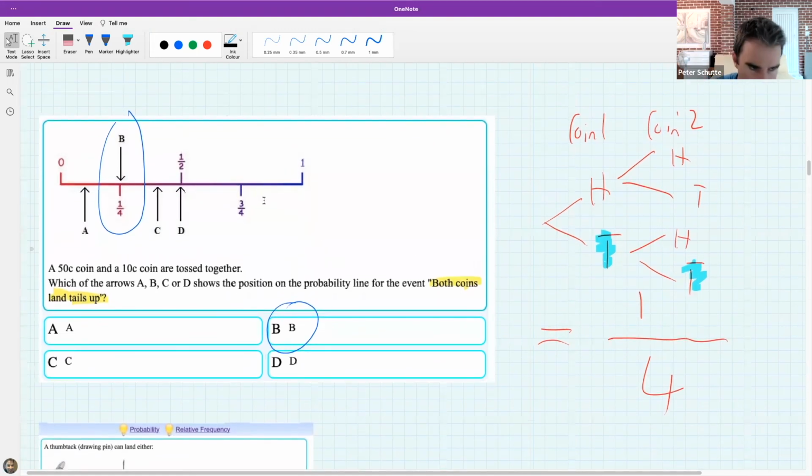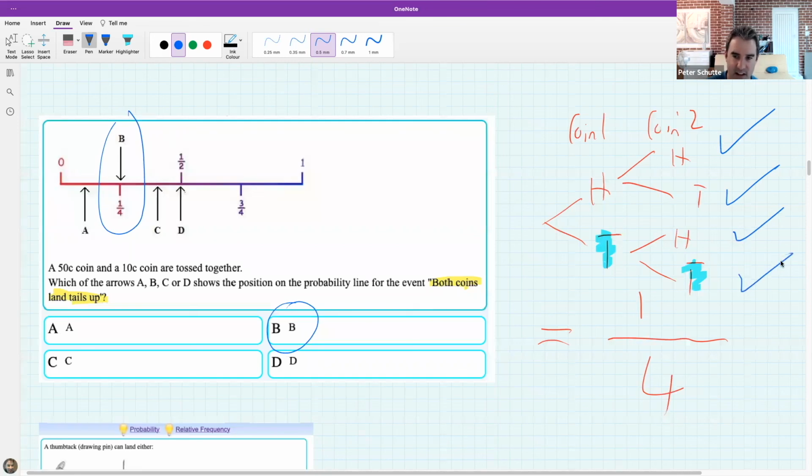If you think of the question, how many ways are there for 2 coins to land? There's heads, heads, which is the first option. There's heads, tails. There's tails, heads. And there's tails, tails. So how many ticks are there? There's 4 possible ways. That's why there's a 4 here.